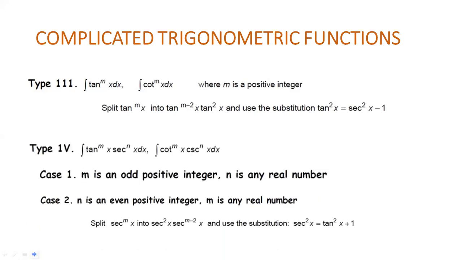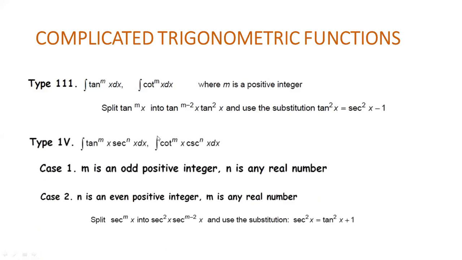Now, that's in the case of type 3. Type 4 is a combination of the tangent with a secant or a cotangent with a cosecant. If you notice, the secant is actually the derivative of the tangent, and the cosecant is the derivative of the cotangent. So in here, it's a matter of setting aside the appropriate derivative for the remaining expression in your integral.